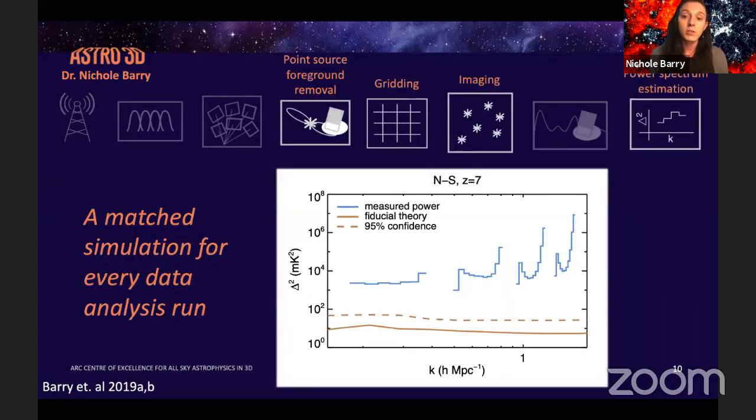I want to pick out these modules in particular because we make a matched simulation with these modules for every single data analysis that we do. It's completely noiseless and it's full of foregrounds.